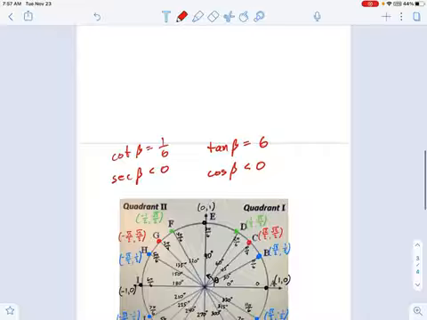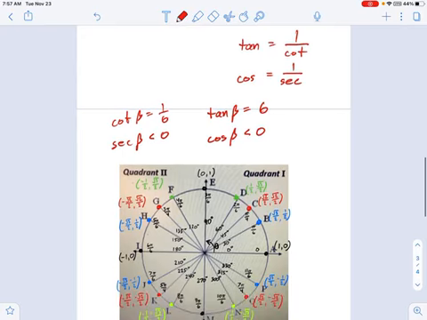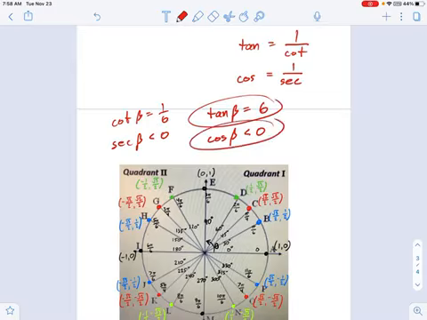Remember, there are some very important things I'm assuming you know here. One is that tangent equals 1 over cotangent. The other is that cosine equals 1 over secant. Now, if tangent is 6 and cosine is negative, where are we?